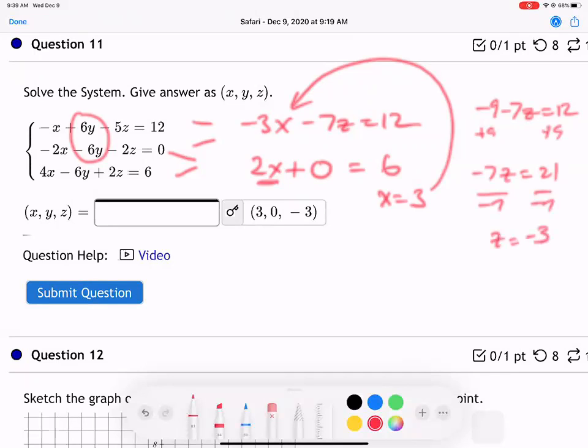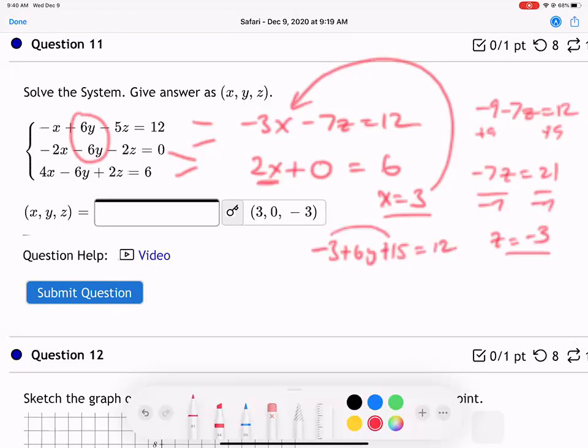Great, we have x, we have z, we still need to look for one more variable, y. And we can use any of these options here. I'm going to choose the first one. So if I plug in x is 3, it becomes negative 3 plus 6y minus 5 times z, and z is negative 3, so it's going to be positive 15, is equal to 12.